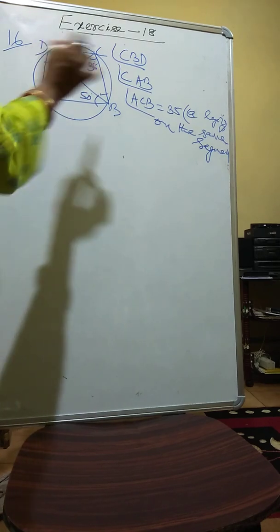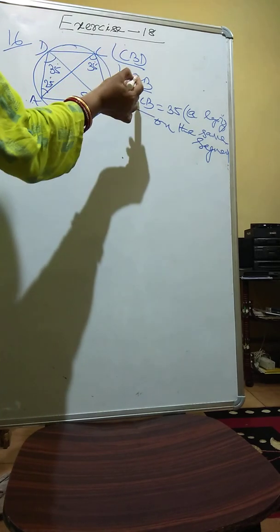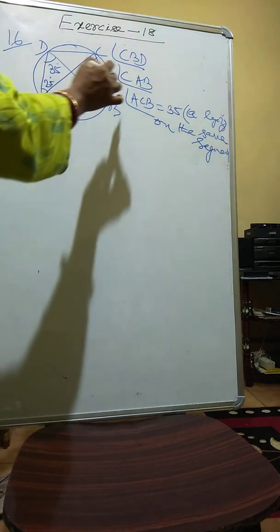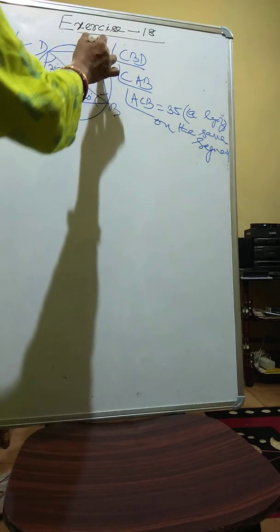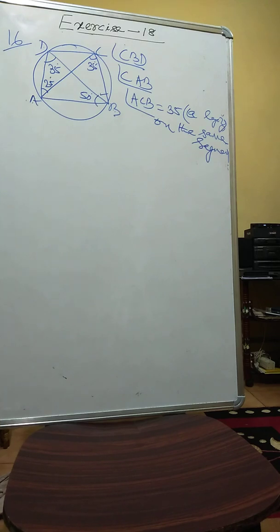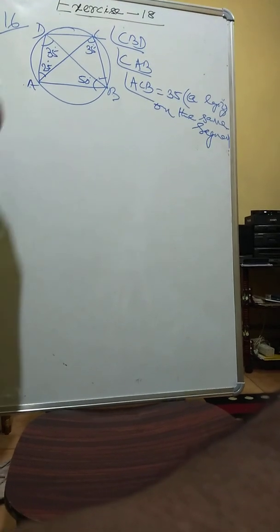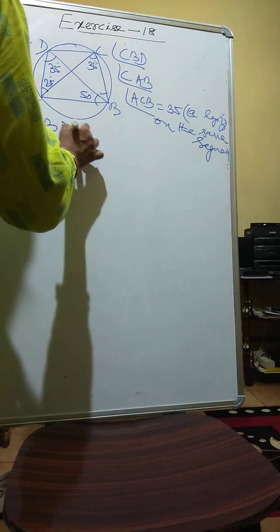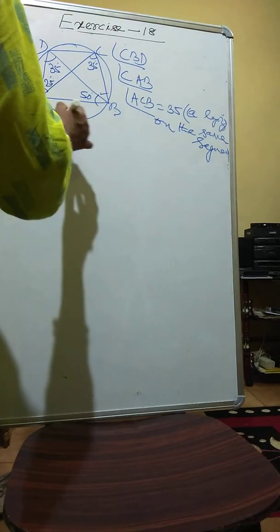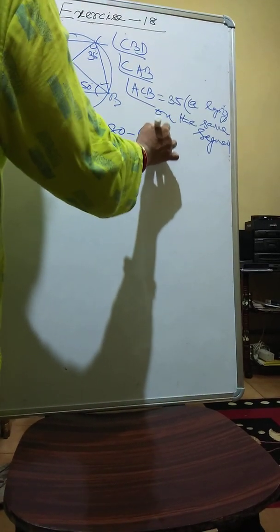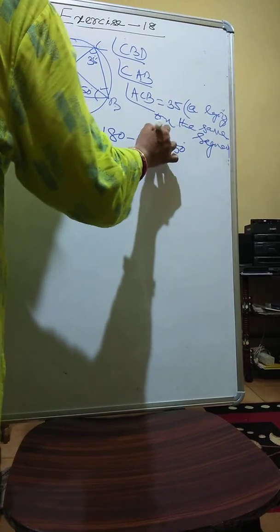Now children, it is giving that you have to find out angle CAB and angle CBD. Is it giving anything? Then BDC. Angle BDC is 180 minus (25 plus 50).